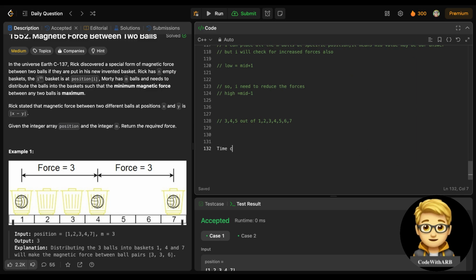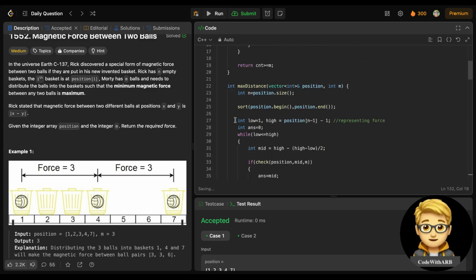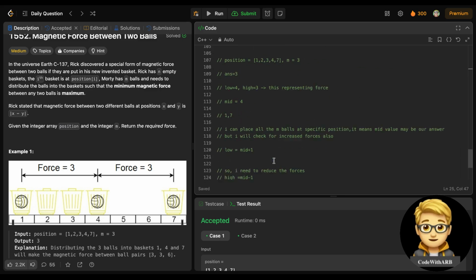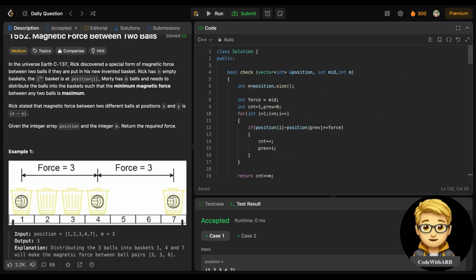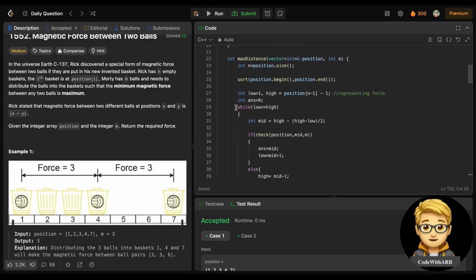Okay, time complexity, right? Of course, we are sorting the position array. That would be O of n log n, where n is the size of the position array. Plus we are applying binary search on forces that could go up to maximum of position minus 1.